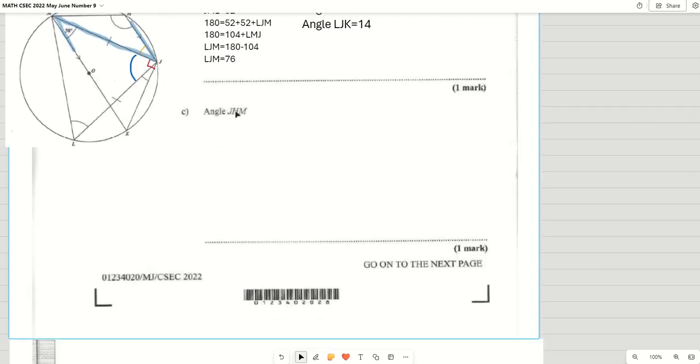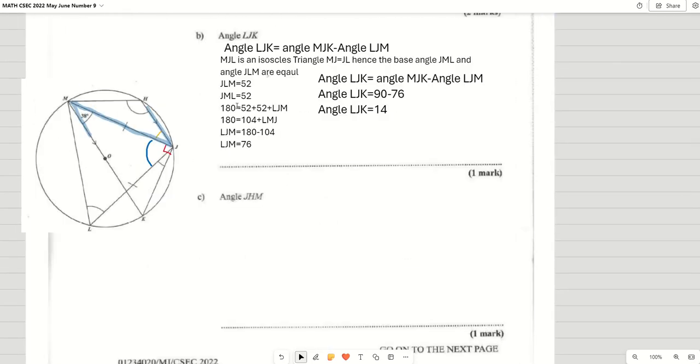Now they want JHM. So we do not have this angle, we do have this angle, but we cannot assume that these two sides are equal. However, we know that JHM is actually opposite this angle.